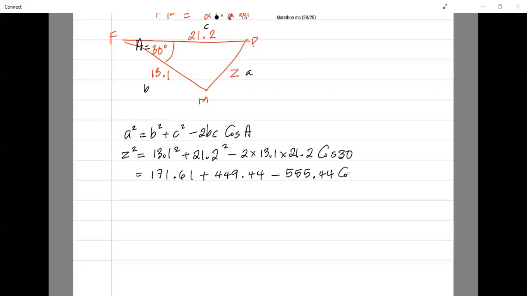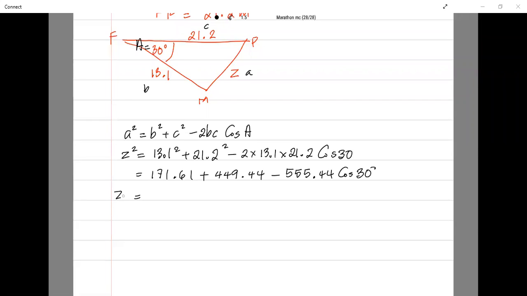That's equal to 555.44 cosine 30 degrees. I don't want persons to get nervous by big numbers, and even if they're not big, they're not round numbers. It's not 550 or just 500. Don't get nervous about the thing. It's just numbers. Work it out.